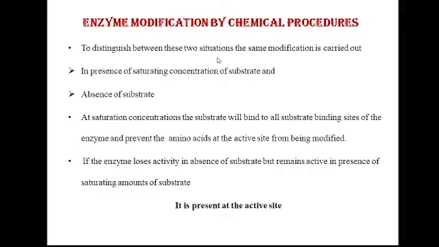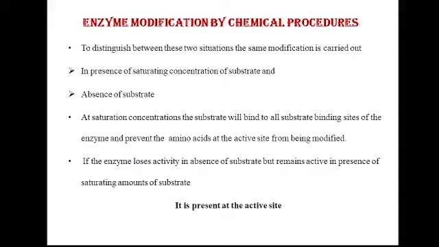That is, whether the inactivation of the enzyme is due to the inactivation of the R group of the amino acid that is present at the active site, or the inactivation of the enzyme is due to some change in the tertiary structure which has disturbed the structure of the amino acid, which now cannot bind to the substrate.